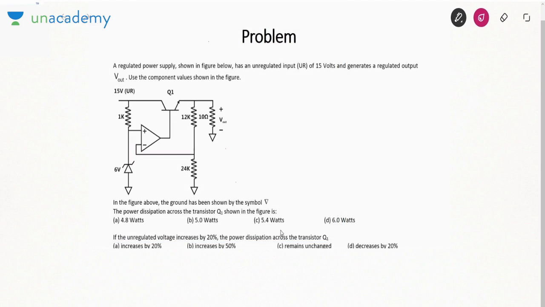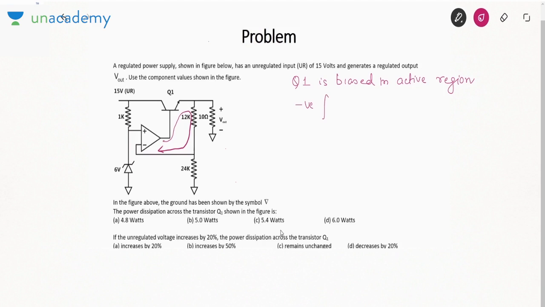Again we will say that Q1 is biased in the active region. In a linear power supply or active power supply, the active device is always biased in the linear region or the active region. In that case, this feedback path is getting completed.